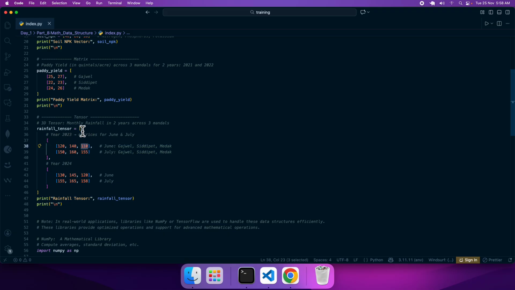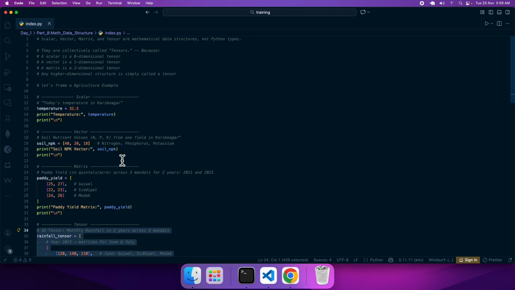So you can understand how a tensor is going to hold the information. You can hold information about years, individually about months, June and July, and individually about each mandal. That's how the tensor comes into the picture.